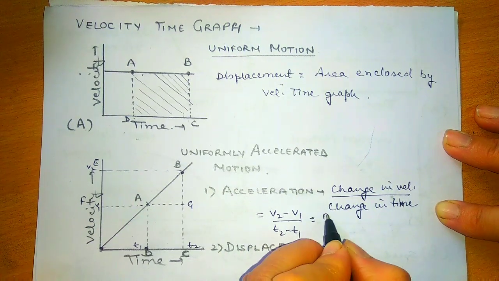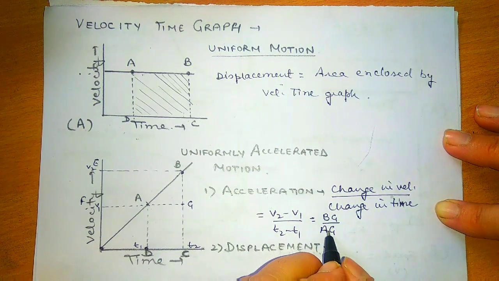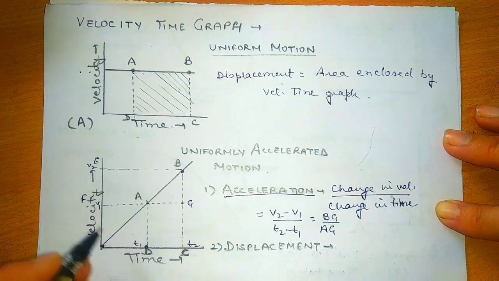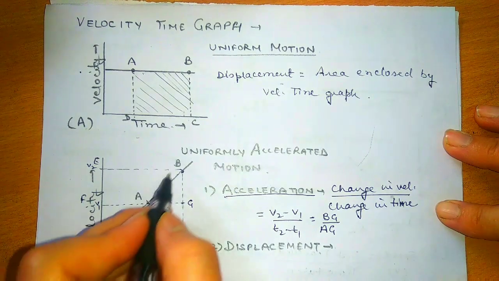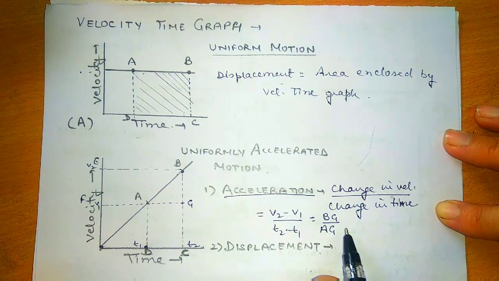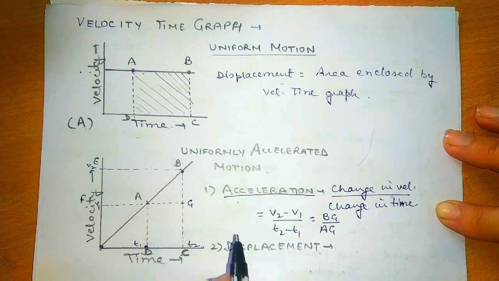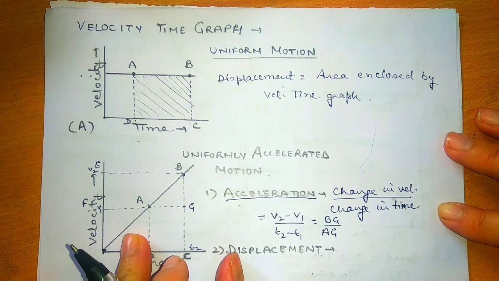So this comes out to be BG divided by AG, and this is the slope that gives the value of acceleration. So from the velocity time graph in a uniformly accelerated motion, where we have this inclined straight line, this ratio is the slope, and that slope gives us the value of acceleration. So now you can find the acceleration from this graph very easily.